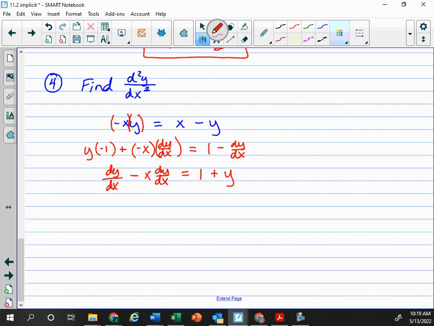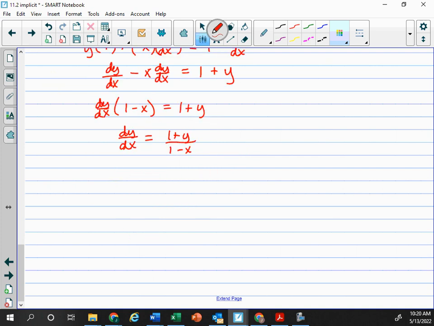What am I going to factor out on the left? dy/dx, and that'll leave me with 1 minus x. So dy/dx is equal to 1 plus y over 1 minus x. Stop there for a second. We are going to need this later. We obviously still have to find the second derivative, but we're going to need what that equals later.